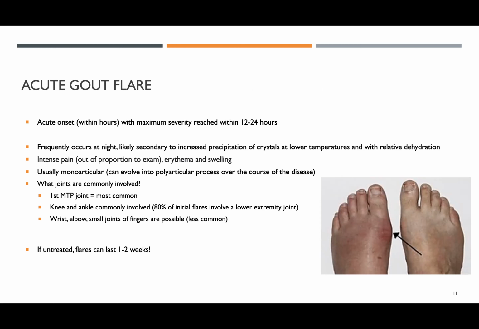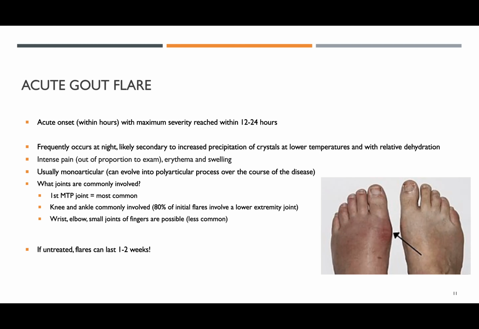Usually, these flares occur at night because the crystals themselves precipitate more often at lower temperatures and with relative dehydration that you'd find at nighttime. Intense pain, sometimes out of proportion to exam, not to make you concerned of necrotizing soft tissue infection, but I just want to paint the picture that a gout flare is exquisitely painful.